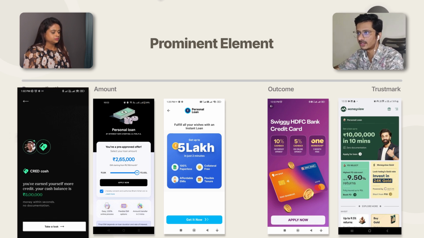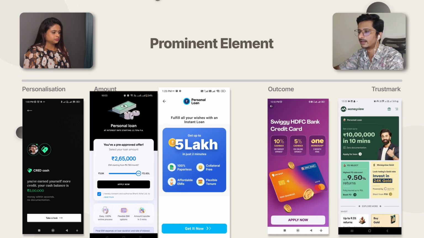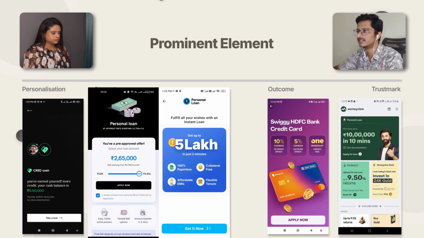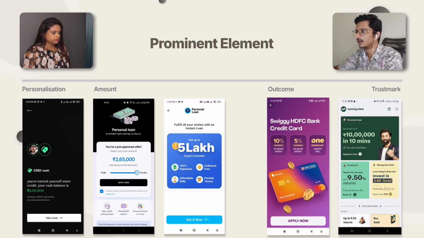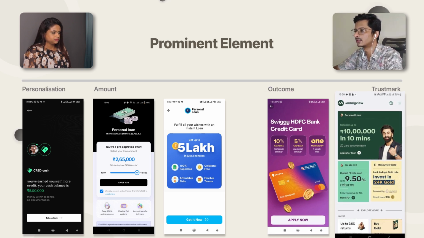Cred gives the highest prominence to the personalization bit. We see that Paytm and Airtel give it to the amount. We see Swiggy gives it to the outcome, and then MoneyView sort of gives it to the trust mark or the celebrity's photo.